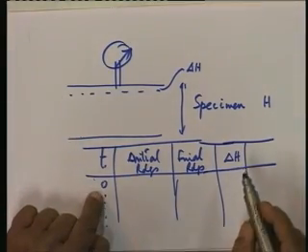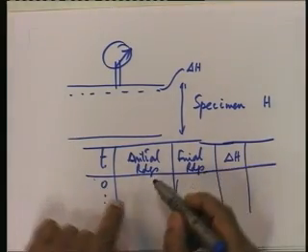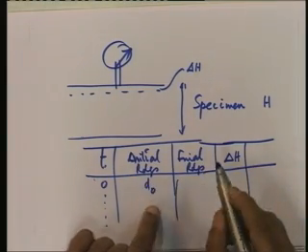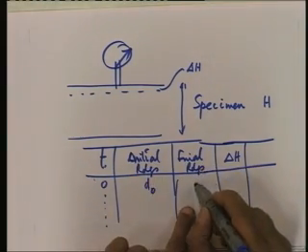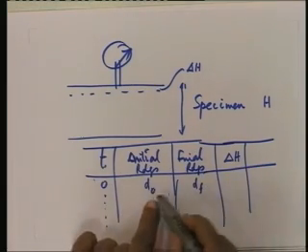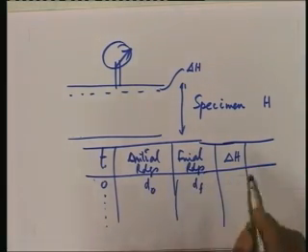So, if the initial thickness is h, the initial dial gauge reading is, let us say, D0, and the first dial gauge reading is DF due to a particular load increment, then the difference between these two will give you delta H.